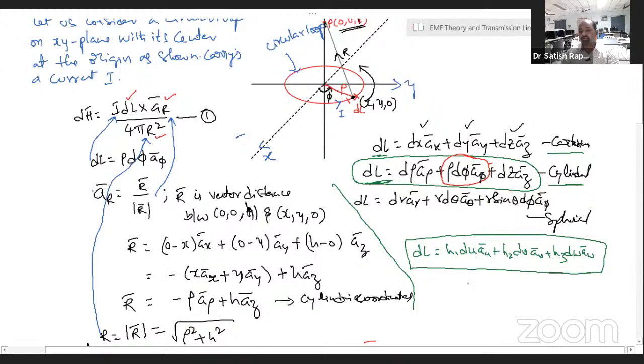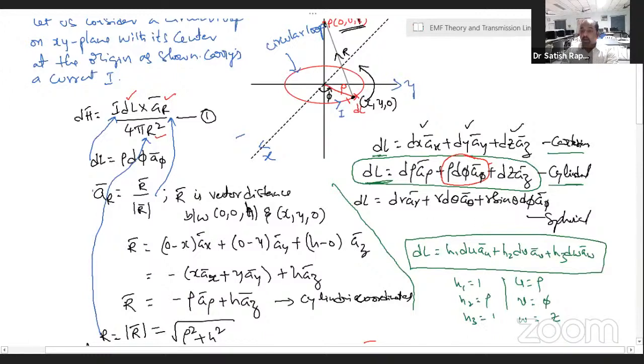For the cylindrical coordinate system, h1 is equal to 1, h2 is equal to rho, h3 is equal to 1, and u is equal to rho, v is equal to phi, and w is equal to z. That's it. Substituting all those values, you'll get this one.